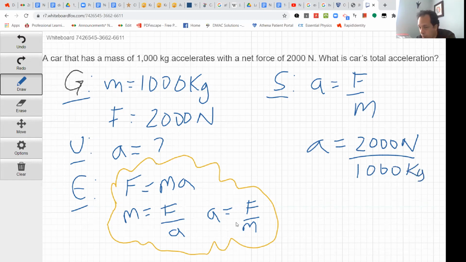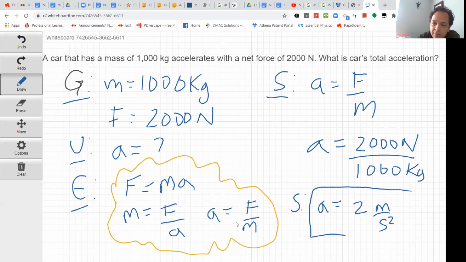This is interesting; we're going to go over this in a second. How do newtons and kilograms cancel out to give us an acceleration? I'll go over that in a second. So now we solve acceleration. 2,000 divided by 1,000 is just 2, and the units of acceleration are meters per second squared. And that's our answer.